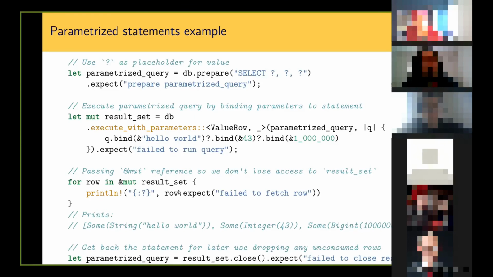So this for loop will not consume it. It will just consume all the rows until it returns none. And then I can call close on it to retrieve the prepared statement that I prepared here. This way I can use it in another iteration and bind it again. I don't have to call prepare again, and I can just bind a new set of parameters. So this way I can keep reusing it.